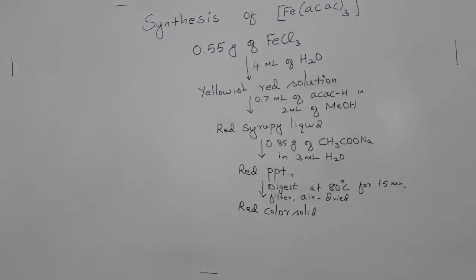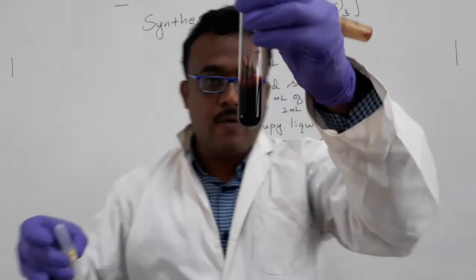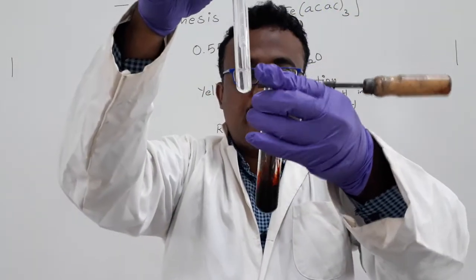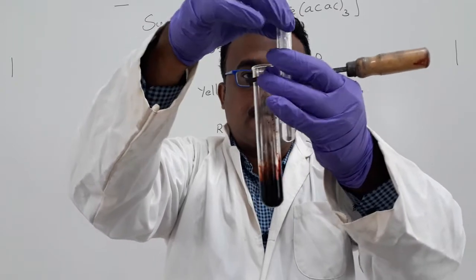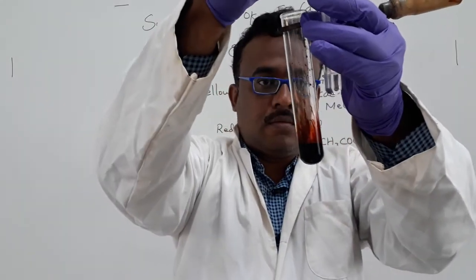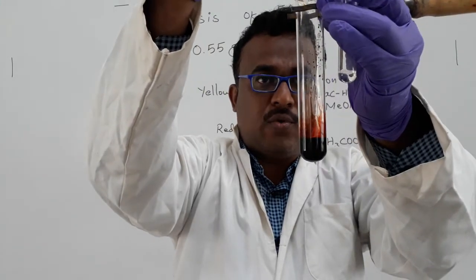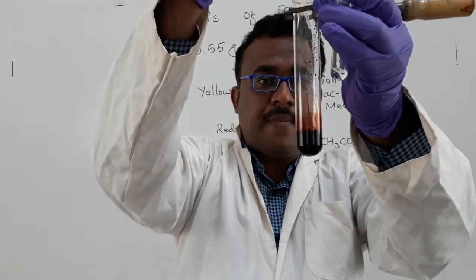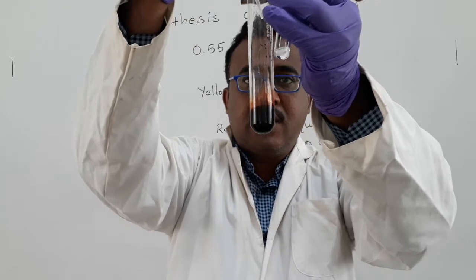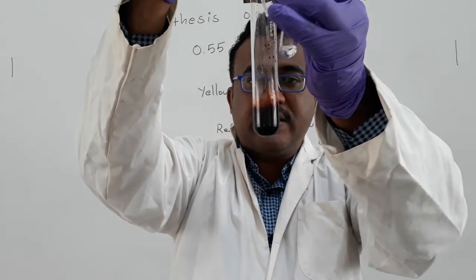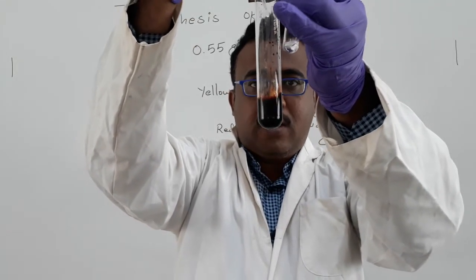Now I am going to add sodium acetate. You can see that I am adding sodium acetate. The purpose of sodium acetate is that it will deprotonate, because sodium acetate is a base in water.